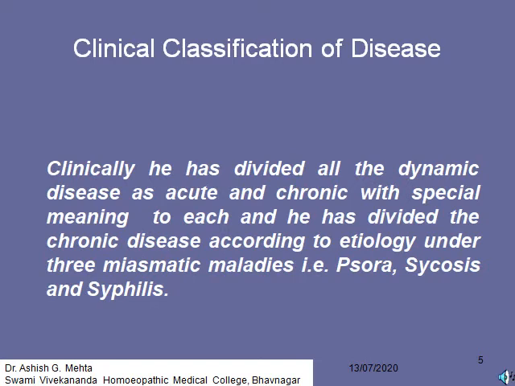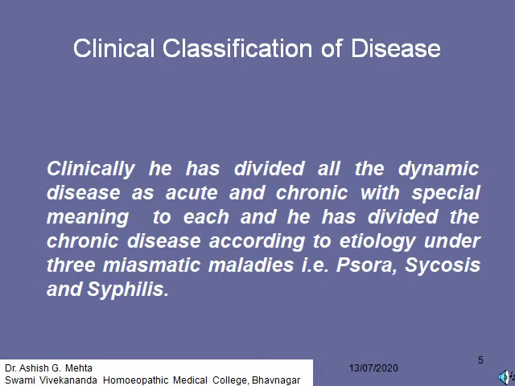Apart from indisposition and the surgical diseases occurring from without, he has divided all the dynamic diseases into two main categories, that is acute and chronic diseases, with special meaning to each, and he has divided the chronic diseases according to the etiology under three miasmatic maladies.